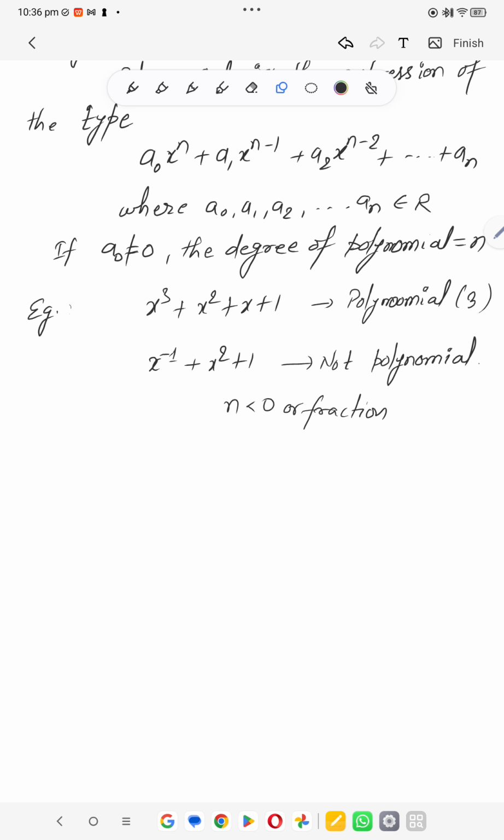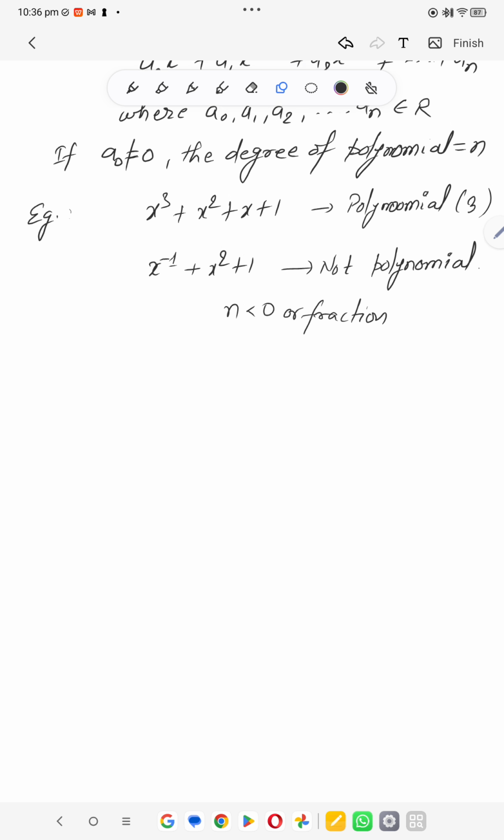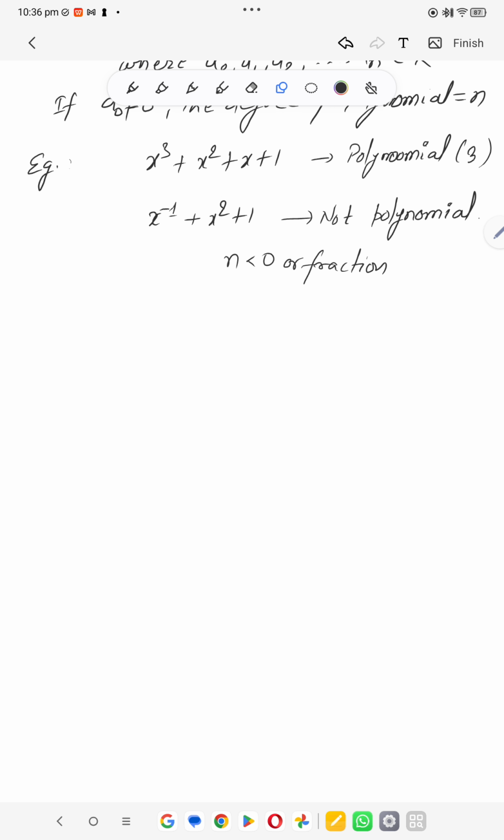There are some special polynomials. One is the constant polynomial.